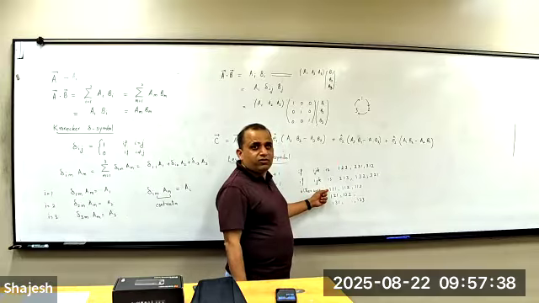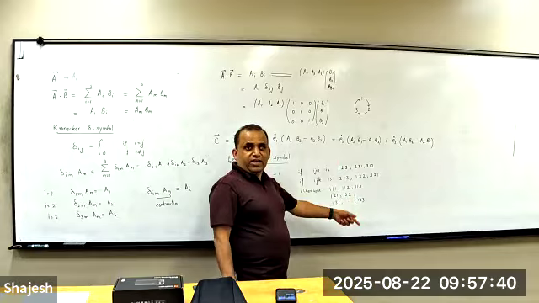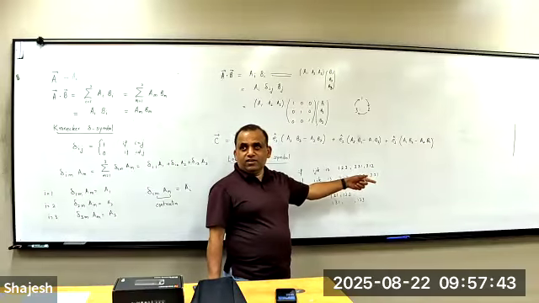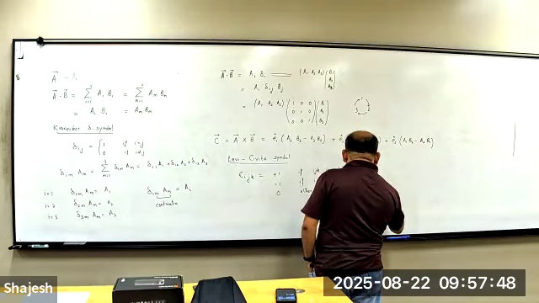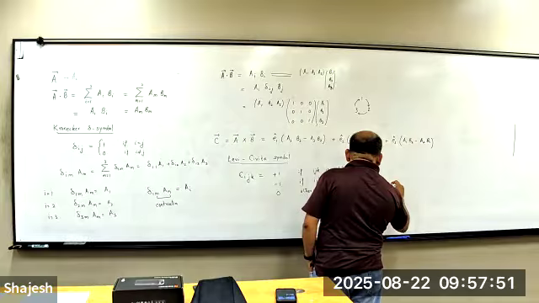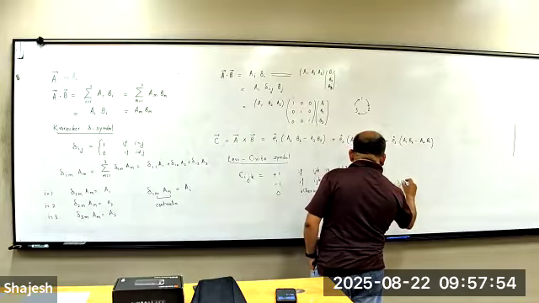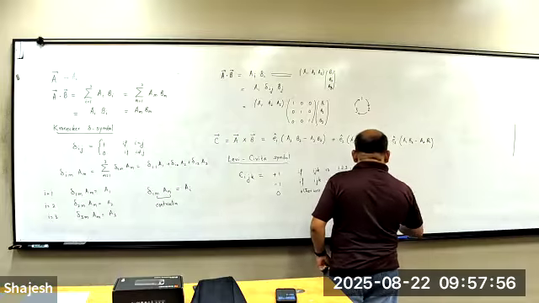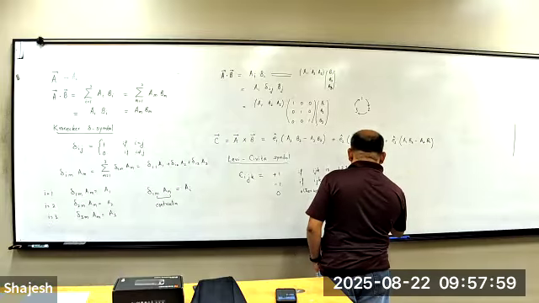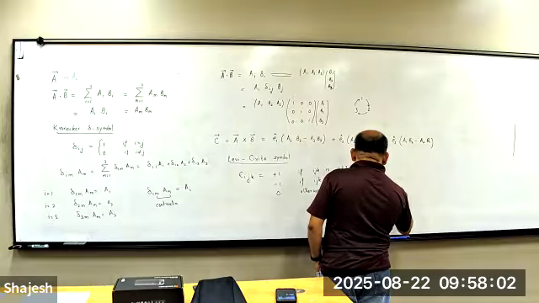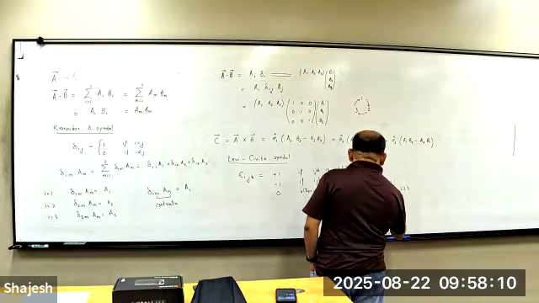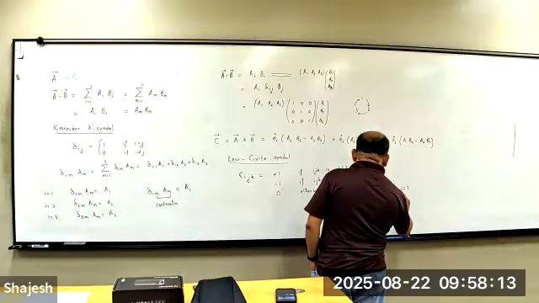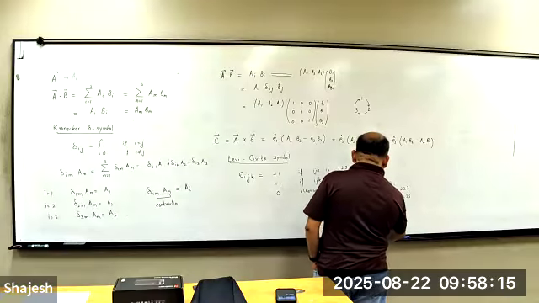If I do this with 2 now, start with 2, again I get all of them, and I'll get another 7, and they are all 0. Just for completeness, let me write this down: 2, 1, 1, 2, 1, 2, 2, 1, 3, but I've removed that. And then you have 2, 2, 1, 2, 2, 2, 2, 2, 3, and 2, 3, 1, 2, 3, 2, 2, 3, 3.